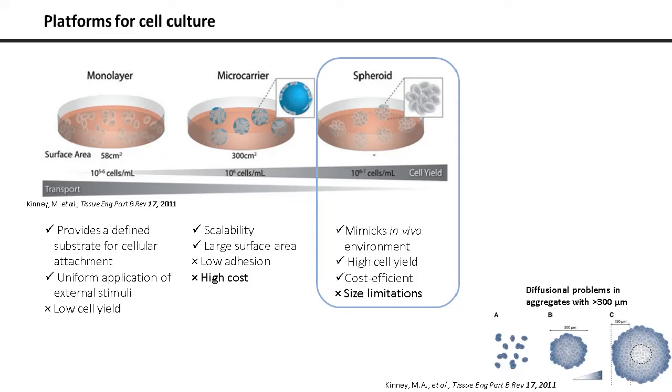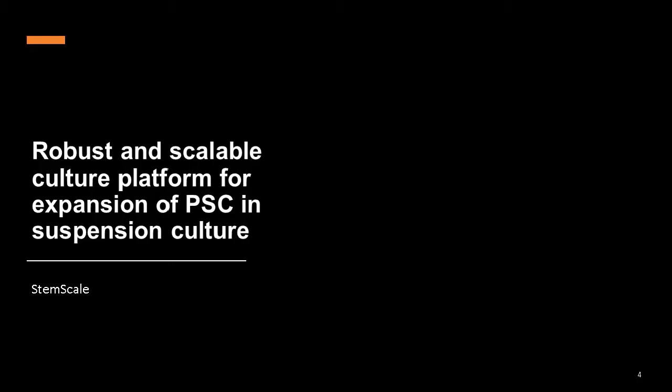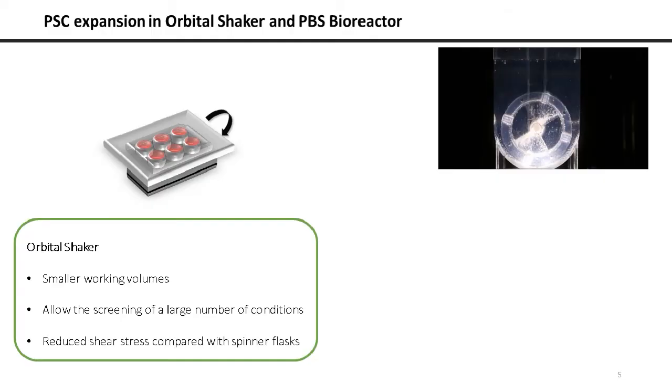In this session, the first part of the work is to be able to achieve large numbers of pluripotent stem cells in suspension culture in a robust and scalable way. For that, we use two platforms. The first one is the orbital shaker.